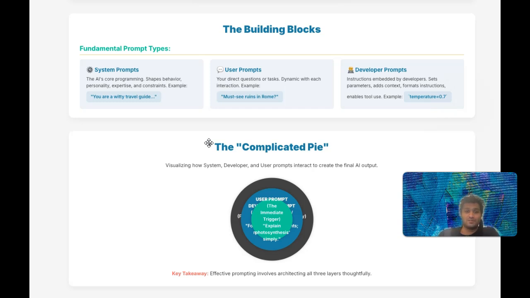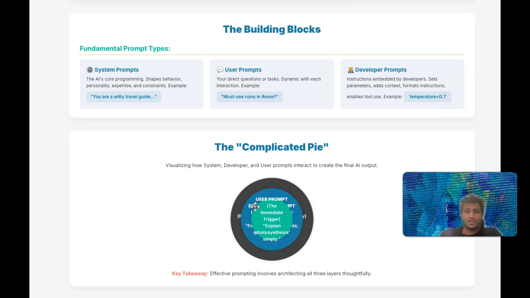For instance, a system prompt like "You are a concise and factual scientific assistant; all responses must be based on peer-reviewed data" forms this unshakable base. The next layer, sitting on top of the system prompt, is the developer prompt layer. This represents the instructions, configurations, and contextual information that the developer builds into the AI system.